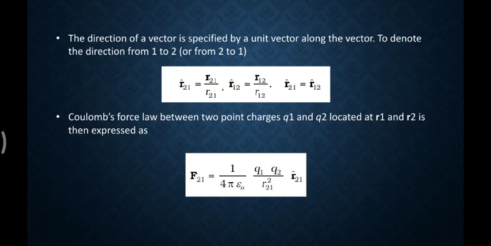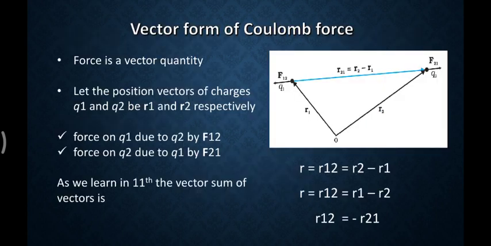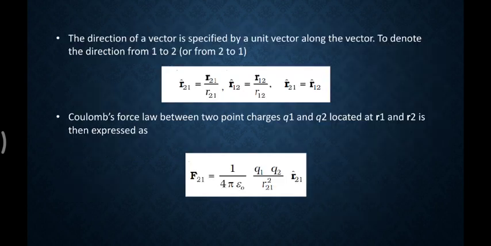Now it is modified this way: 1 upon 4 pi epsilon 0 is k, q1 q2 are the charges, and r is replaced by r21 square. Why r21? Because the force is on 2 due to 1, that is why we are using the r21 distance, and the r21 distance is r2 minus r1. You can see the blue line. So r21 square, and this is all about the magnitude.